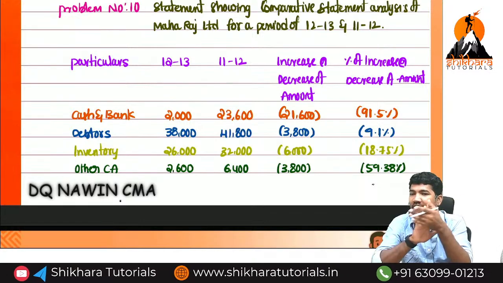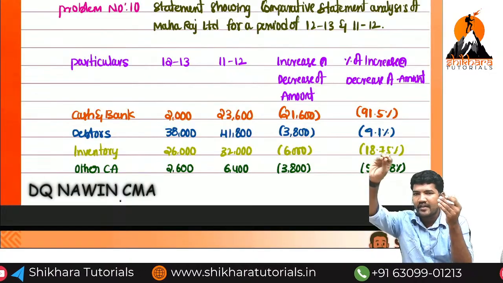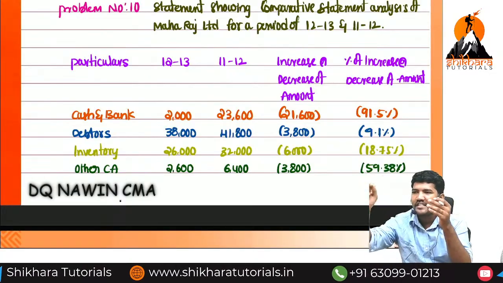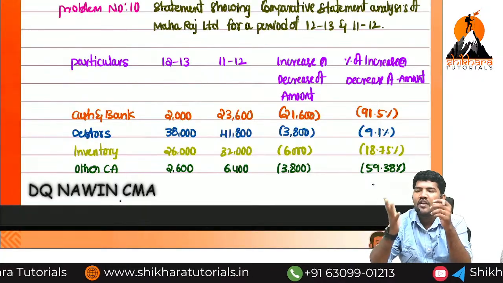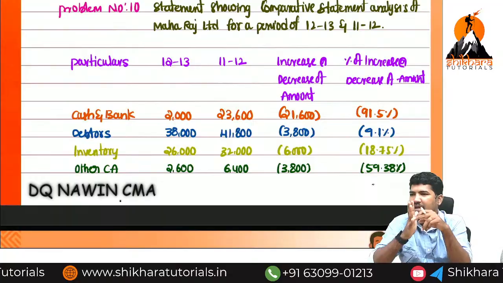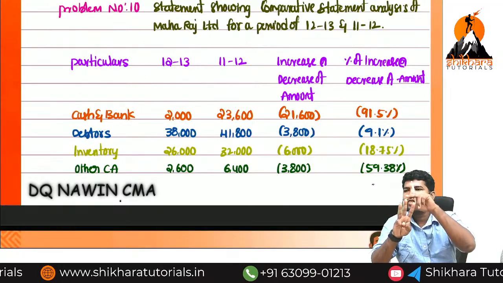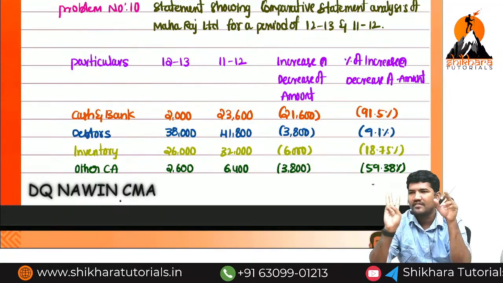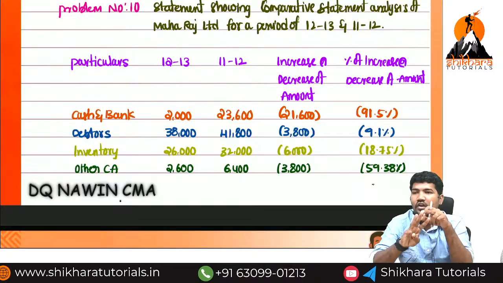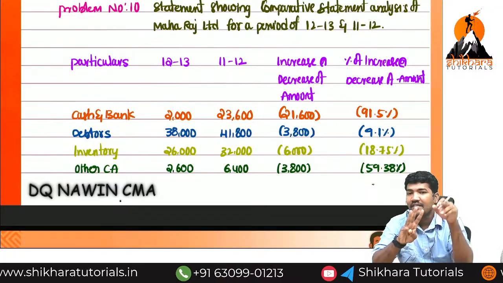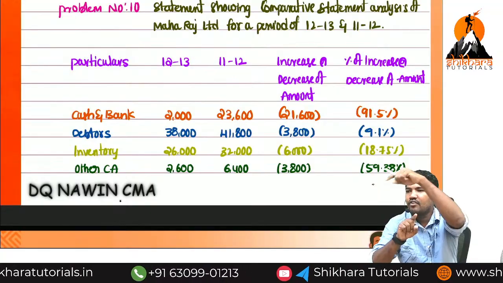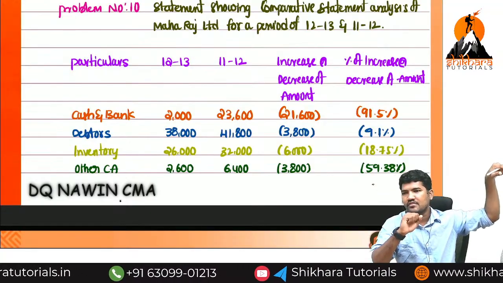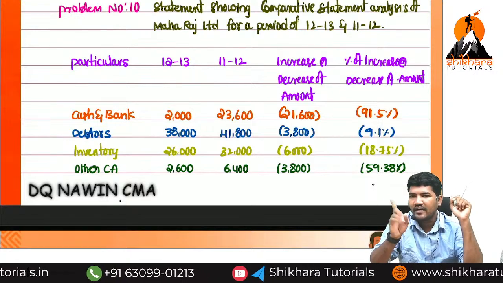But when it comes to trend analysis, for example, if you take the income statement: sales, cost of goods sold, and next gross profit, right? If you take the first year as the base, for all sales you have to divide by the base year sales. For all cost of goods sold, don't divide with the sales; use base year cost of goods sold, and base year gross profit for the remaining years. That is the difference between common size and trend analysis.